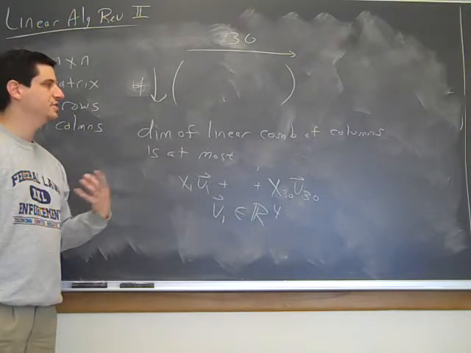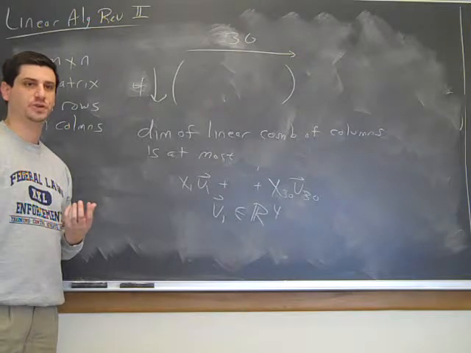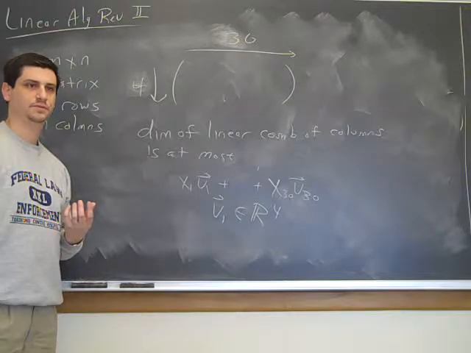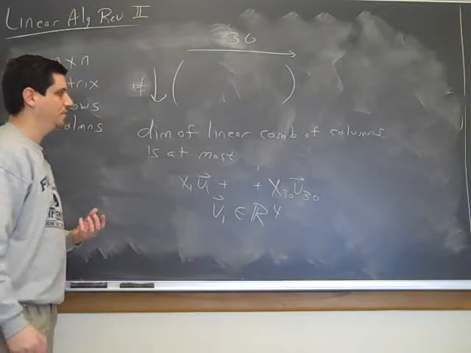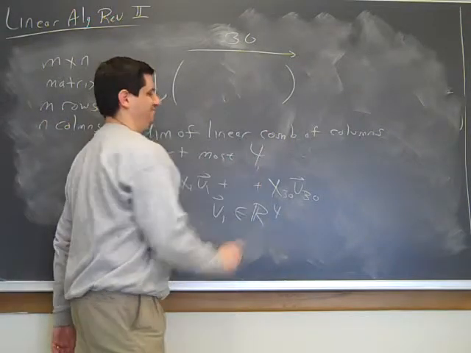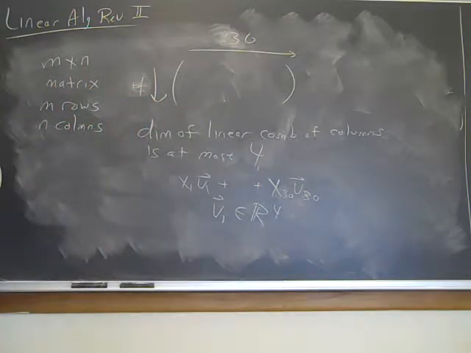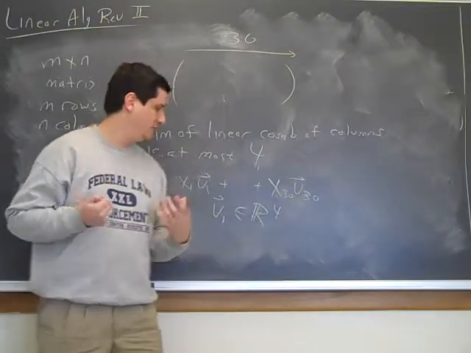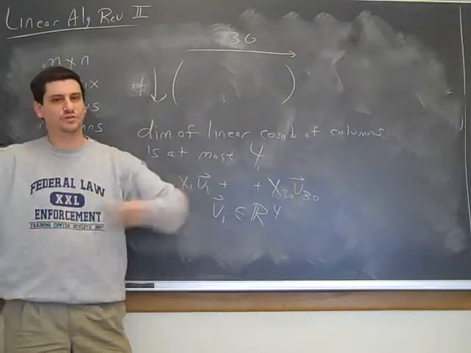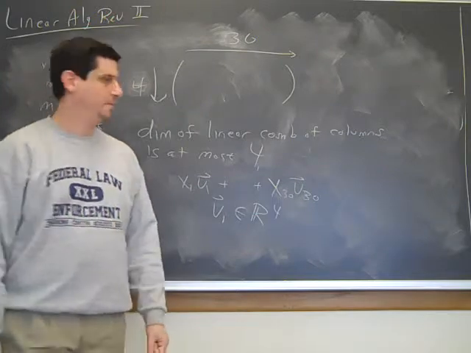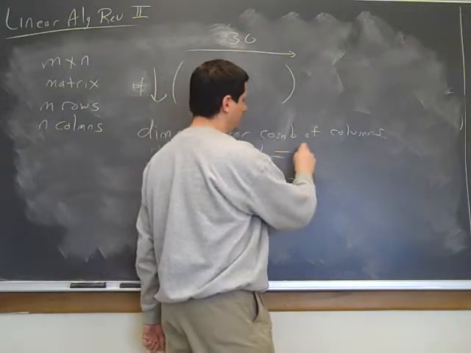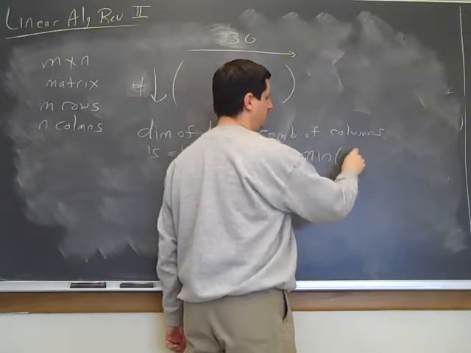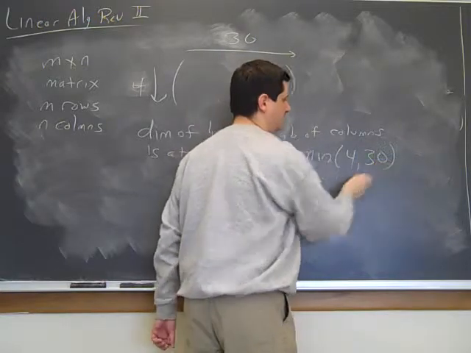What's the largest the dimension of the column space could be? 4. Right? Because it doesn't matter that I have 30 of them. They live inside R4. I have at most 4 directions in R4. There's a nice way of writing this number 4. It's the minimum of 4 and 30.